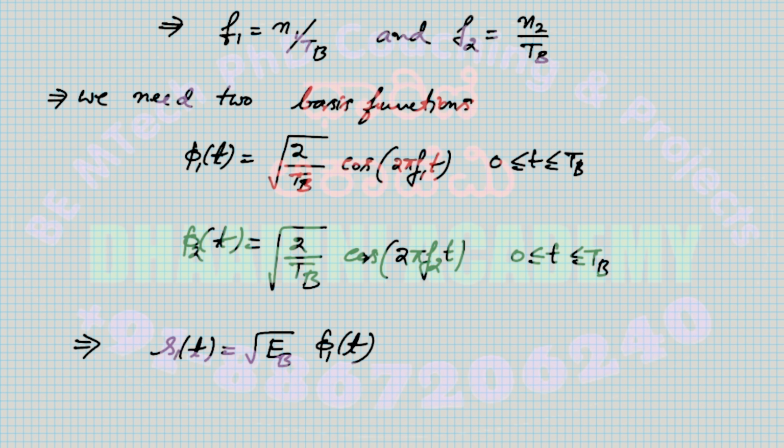Right? At the same time, let me try to write S2 of t now. This also implies S2 of t is nothing but the same root EB as the amplitude, but I'm going to multiply with phi 2 of t. Are you okay with this?